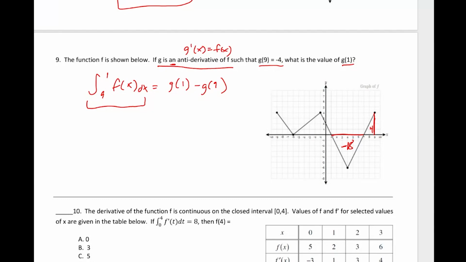So the area here would normally be negative 14, but because those boundaries are backwards, it would be the opposite of negative 14, so it's going to be positive 14. And that's going to equal g of 1 minus g of 9. G of 9 is negative 4, so just g of 1 plus 4 will do. Subtracting 4 from both sides is going to give us g of 1, which is 10.